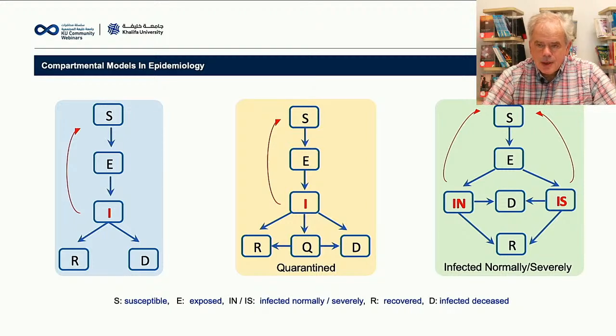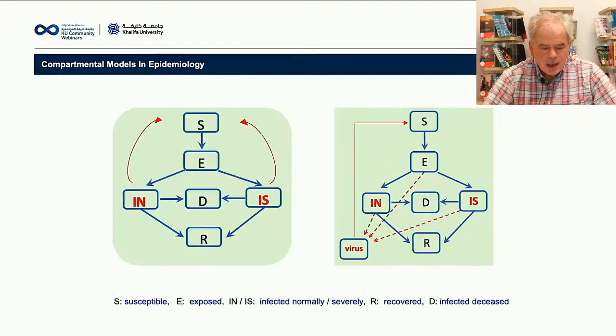Of course, there are even more complex models, like this one here on the right, where now another source of infection has been added, and this is the virus that exists in the environment, either in the atmosphere, so that susceptible people can become infected, or on surfaces that healthy people can touch, and through that they can become infected. So as you see, the model becomes more and more complicated.